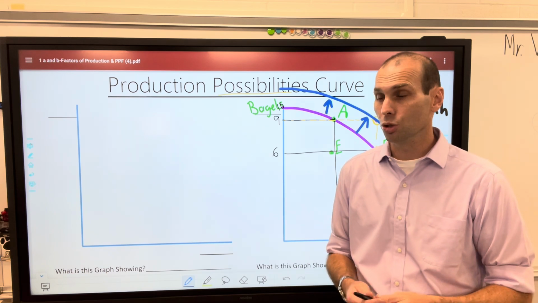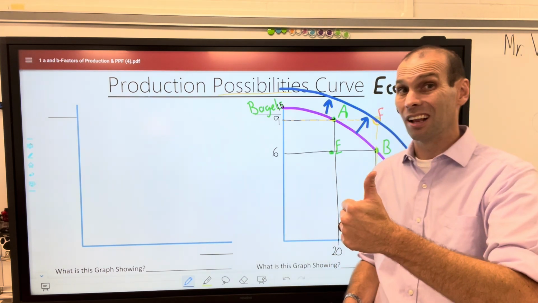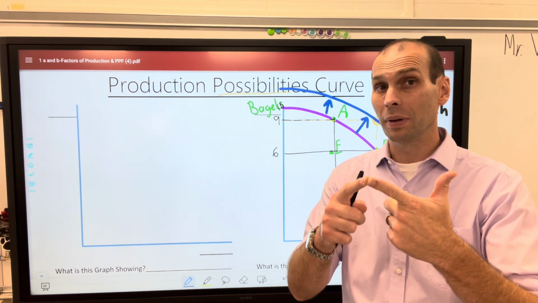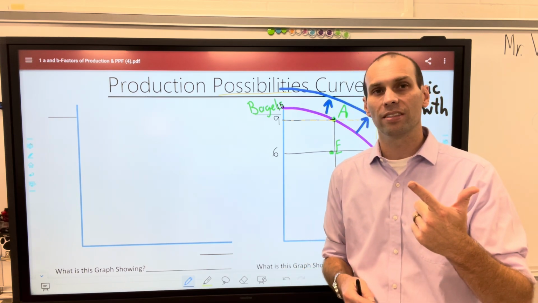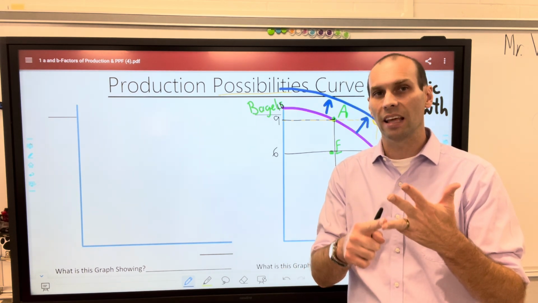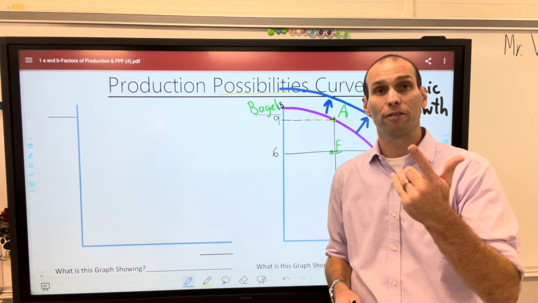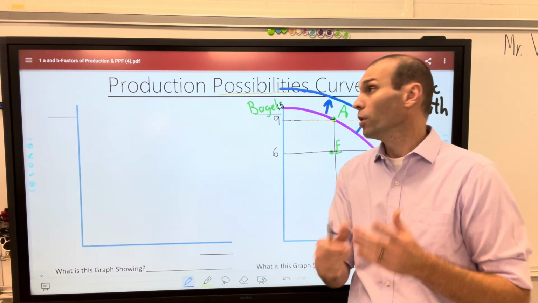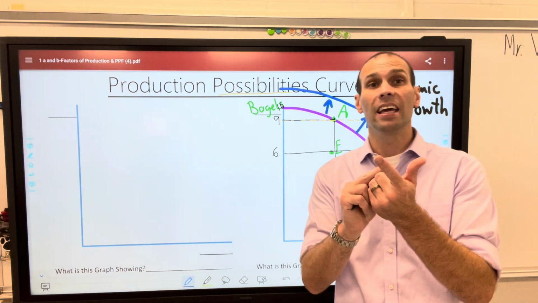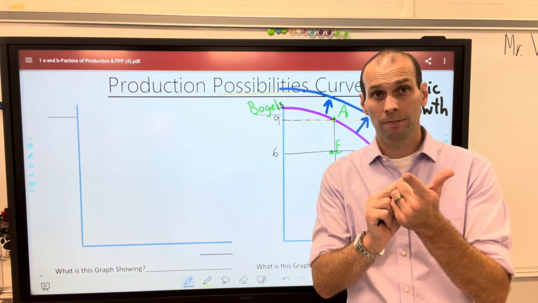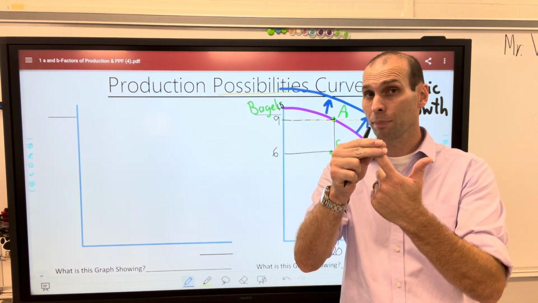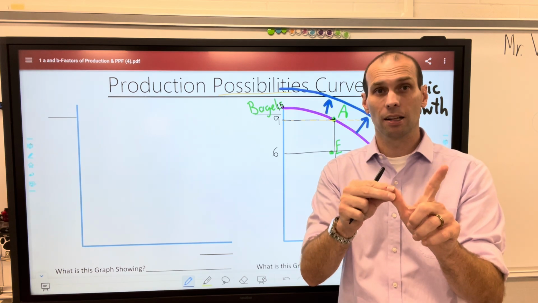So this could be due to things like technology, additions in human capital, or even things like additions to land, labor, and capital, what we call the factors of production. So what could cause this to happen? Increases in factors of production, human capital, and increases in technology.